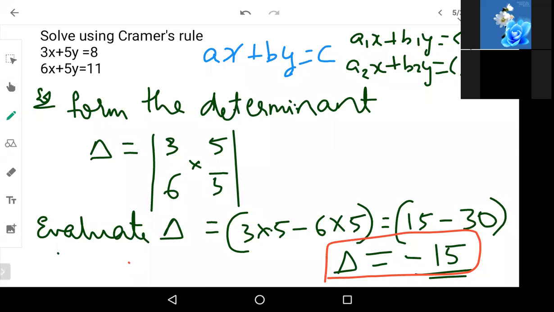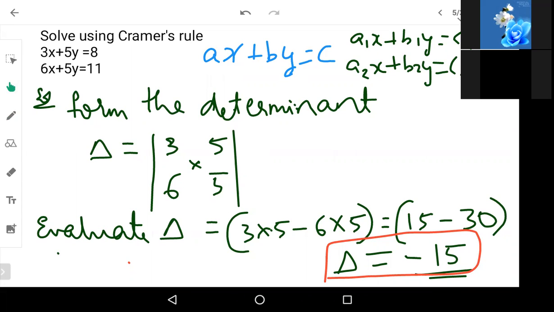Okay. Now let us go to the next step. The next step is we'll have to check if the delta value is equal to 0 or not. Now here if you see, the value of delta is minus 15. Since the value of delta is not equal to 0, we can go to the next step.